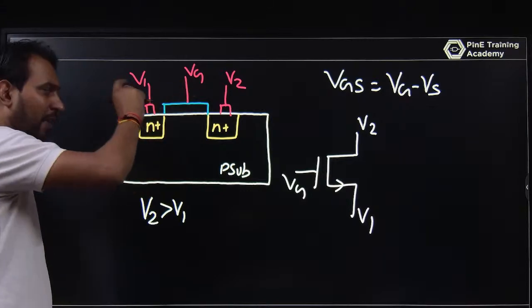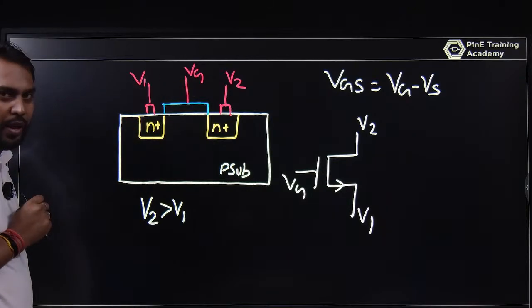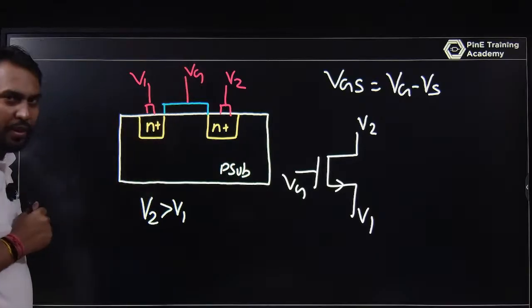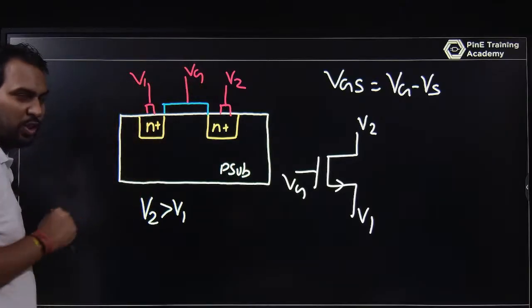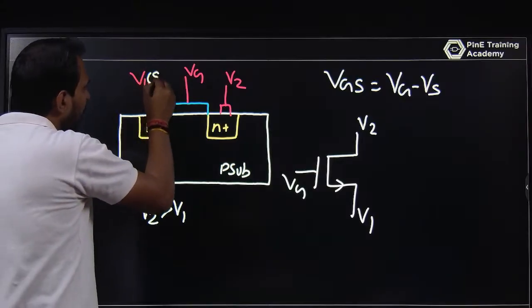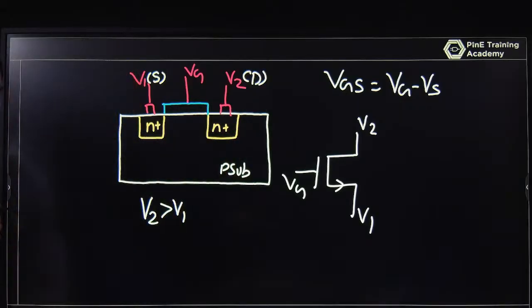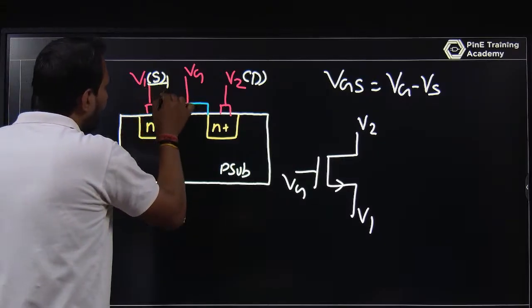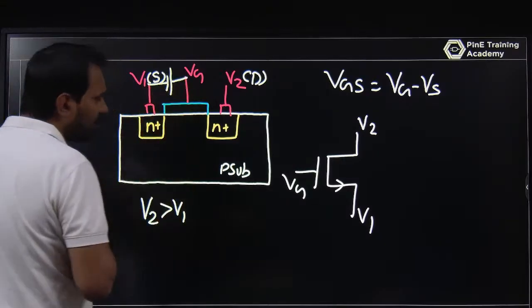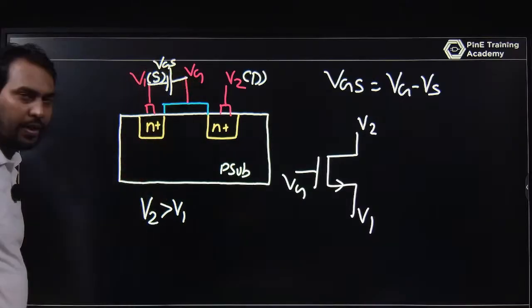Why this is happening, I will explain in terms of current. But firstly we will try to make the channel. After that I can explain why this is drain and why this is source. So firstly I am thinking that this is source and this is drain. I am providing the supply in such a way that this is VGS.